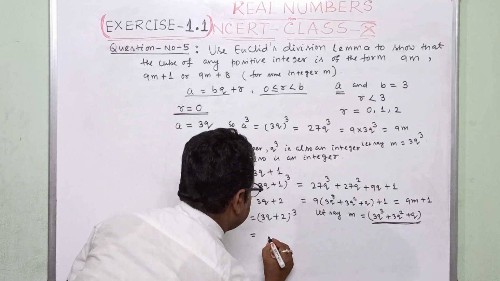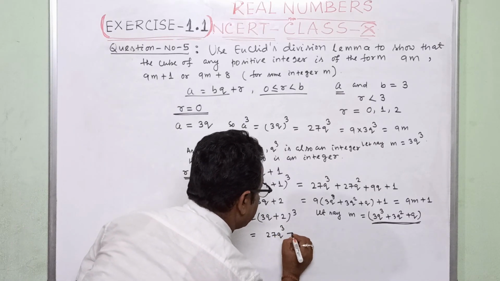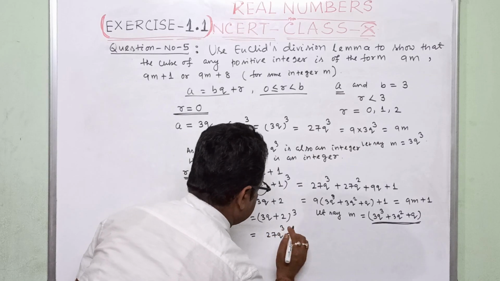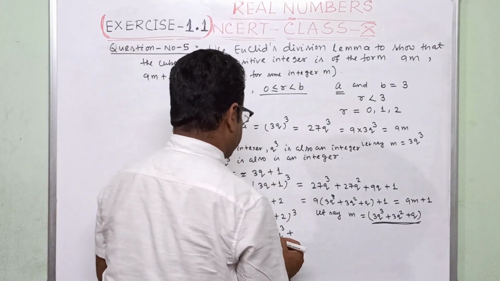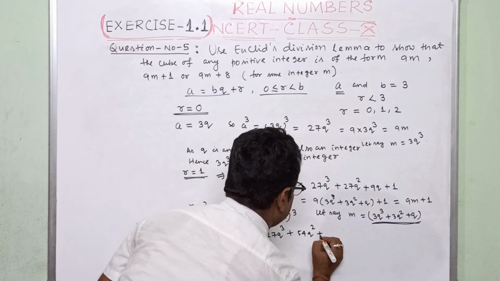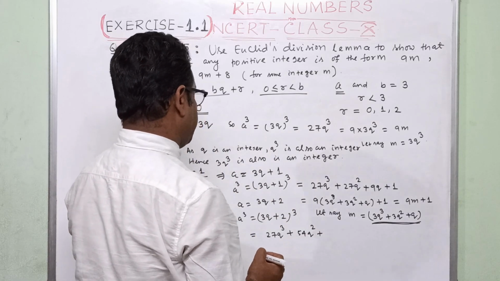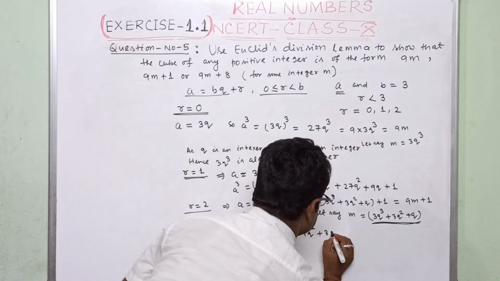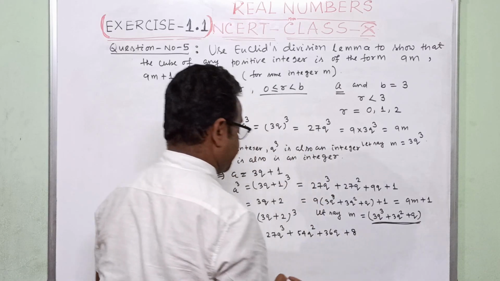So this is 27q cube plus 54q square plus 36q plus 8.